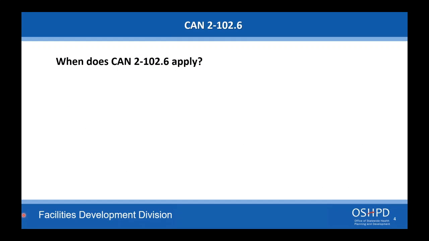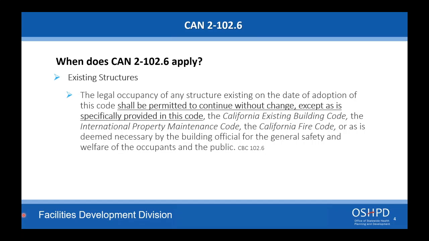So when does the CAN apply? It applies for existing structures. A legal occupancy of any structure existing on the date of adoption of this code shall be permitted to continue without change, except as specifically provided in this code.